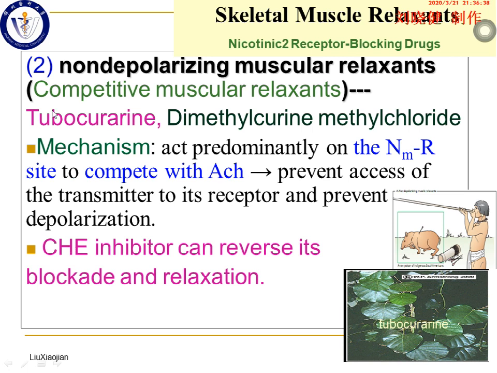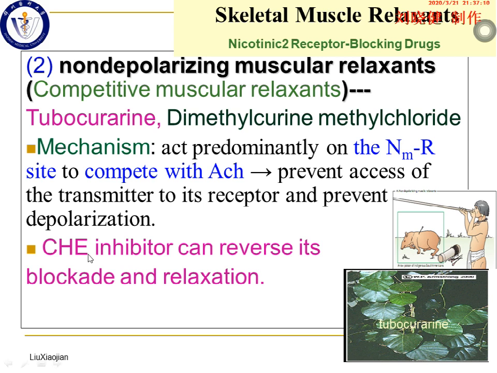Because this is a competitive antagonist, cholinesterase inhibitors can reverse its blockade and relaxation. Remember, just now I also mentioned this. Cholinesterase inhibitors inhibit cholinesterase from metabolizing the acetylcholine neurotransmitter.